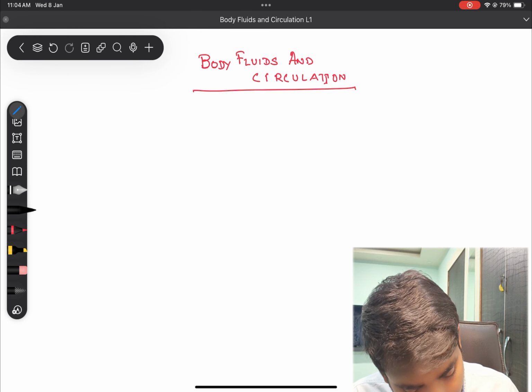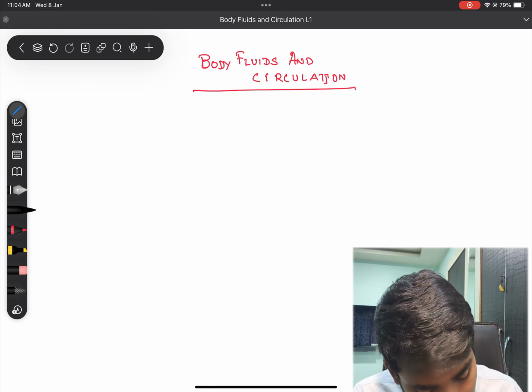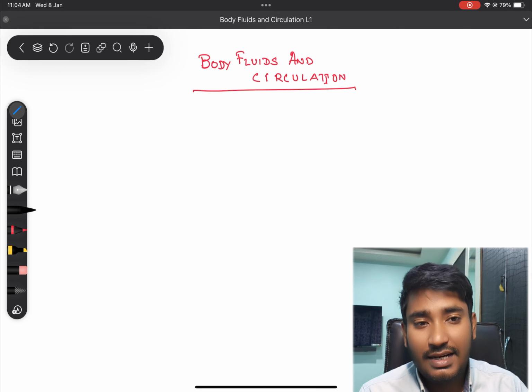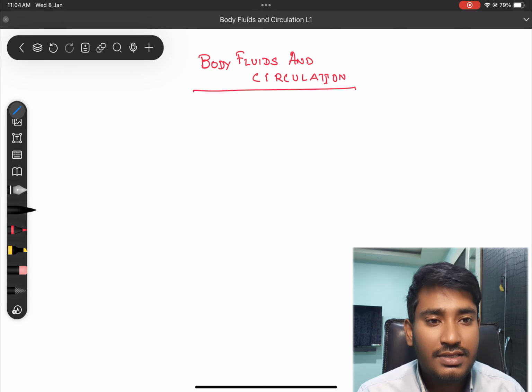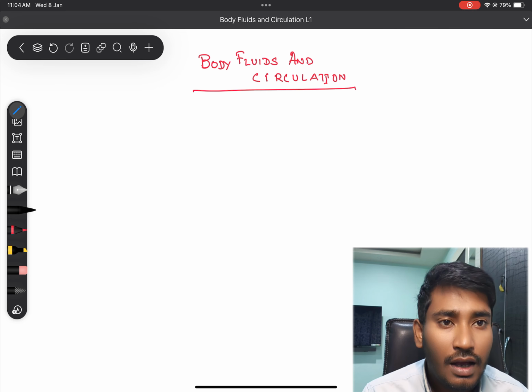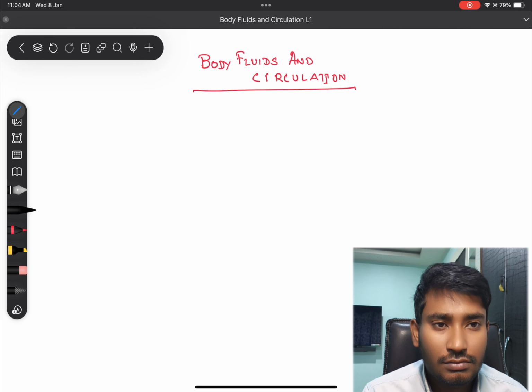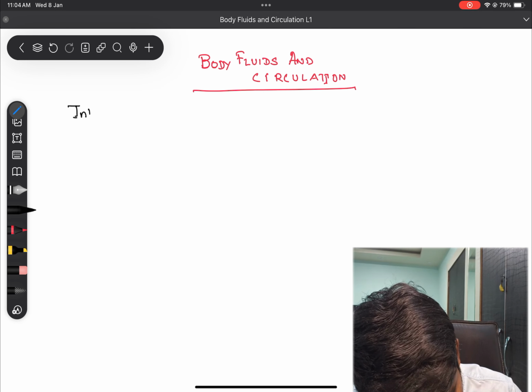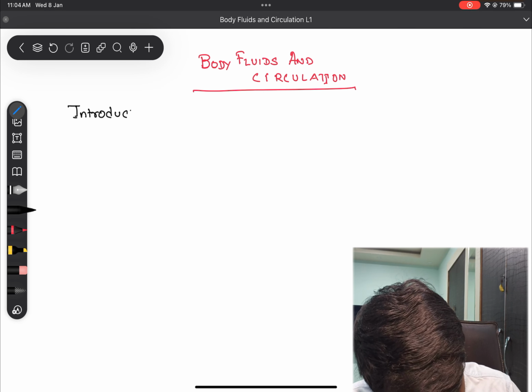So what do you mean by the body fluids? Let's start from the NCERT, from the introduction part.